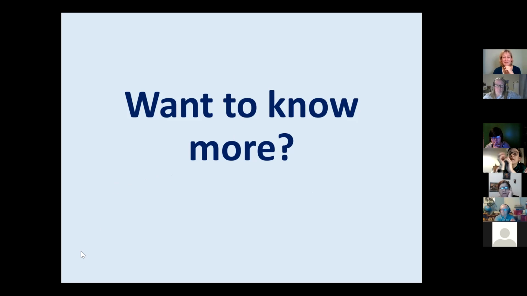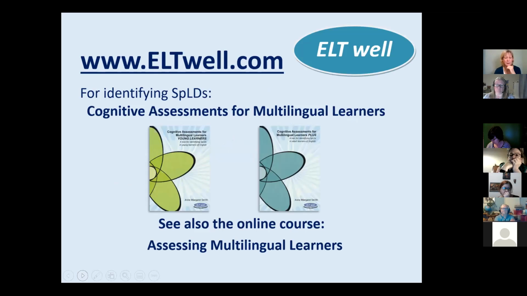Sure. So we've talked about what we might look out for, and then what we might do if we think that some of our learners may have a specific learning difference of some kind. These are the CAML materials that I've been talking about. The blue one is for adults, for older learners. The green one is for younger learners.